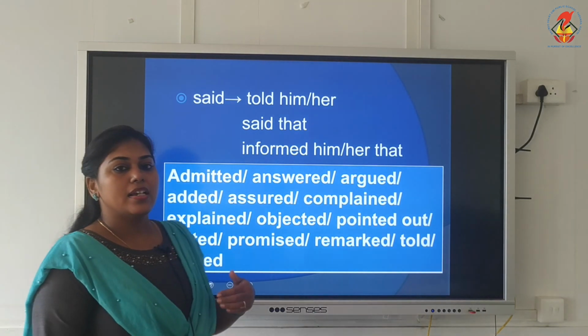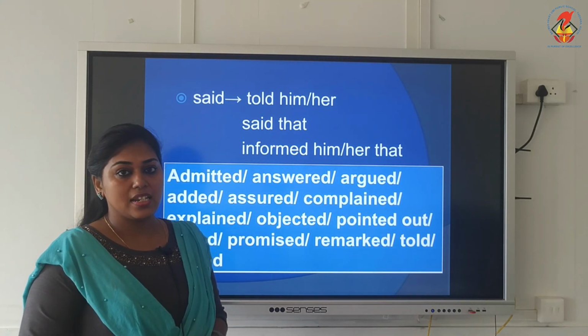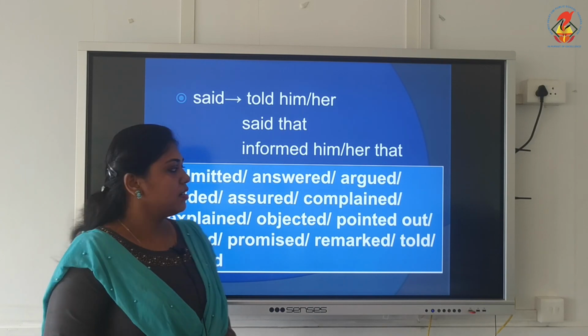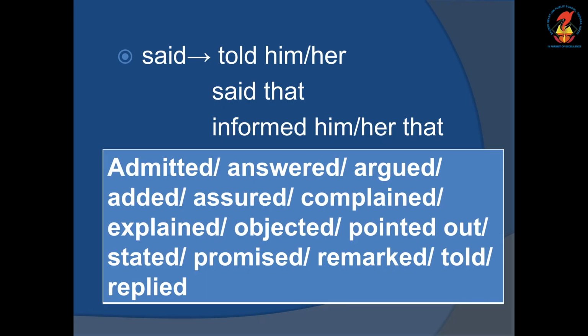Then, which are the other words that we can write instead of said? These are the words, children: admitted, answered, argued, added, assured, complained, explained, objected, pointed out, stated, promised, remarked, told, replied.